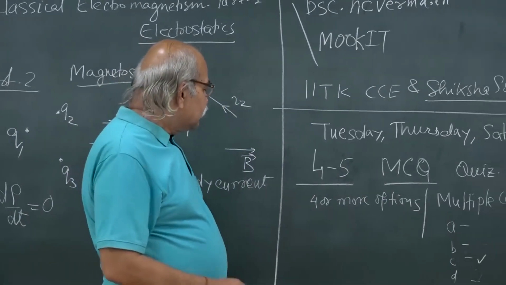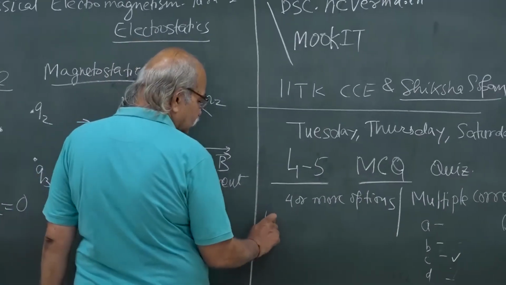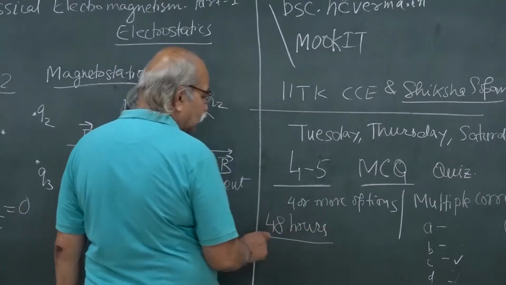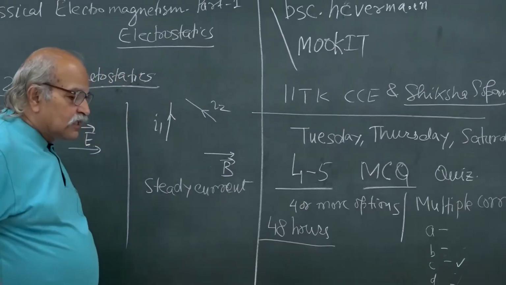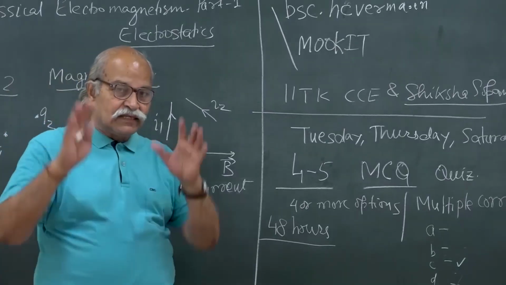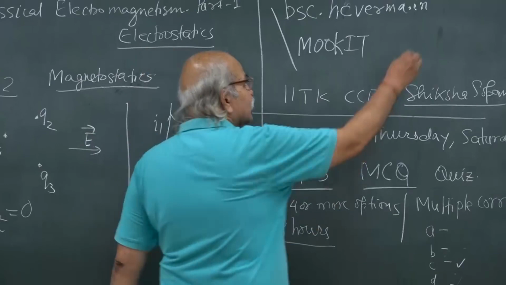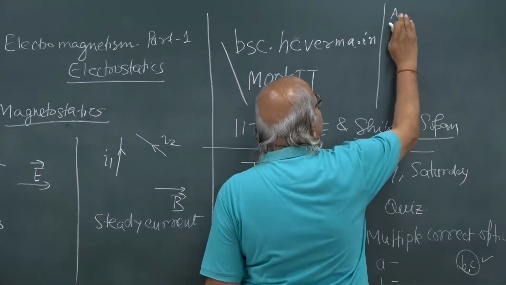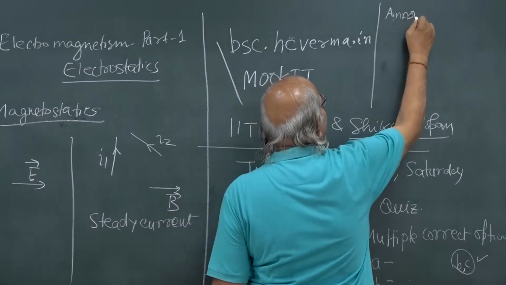We generally give 48 hours of time. In some cases it can be more also, but not less than this. After the quiz is floated, that means we will announce. There is an announcement section on this website.